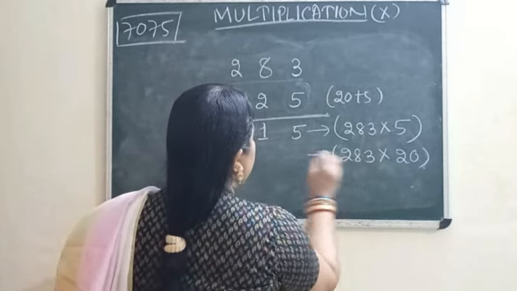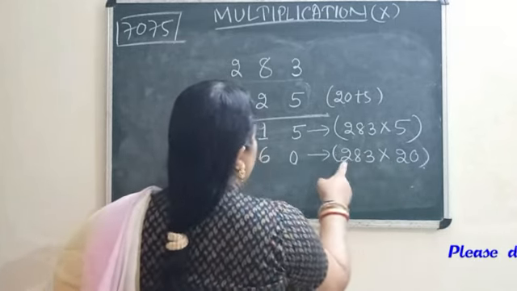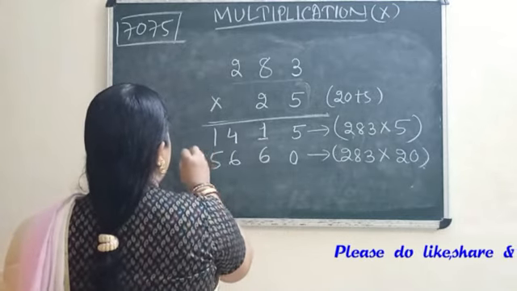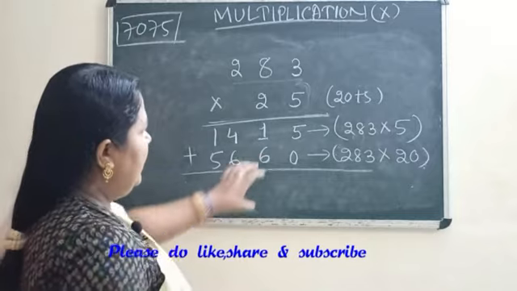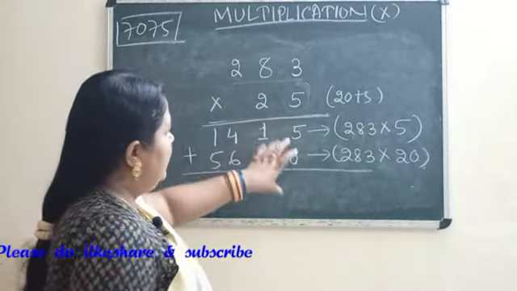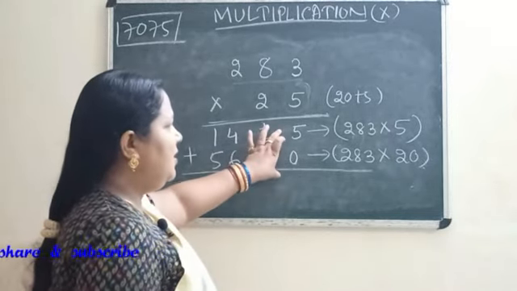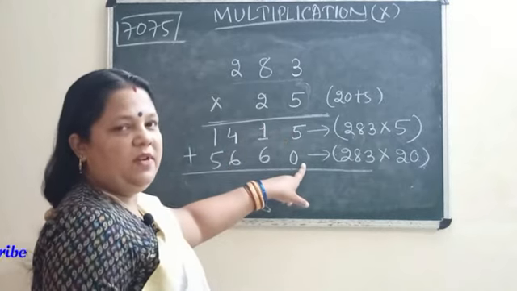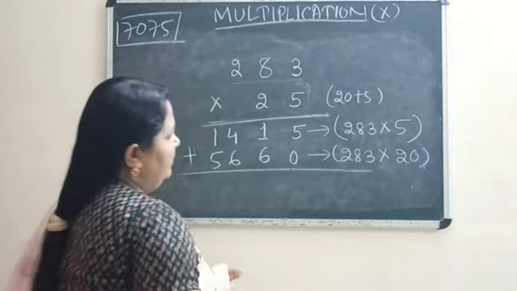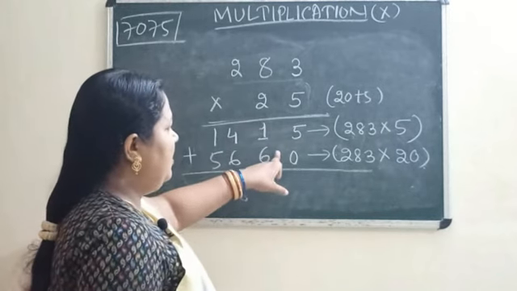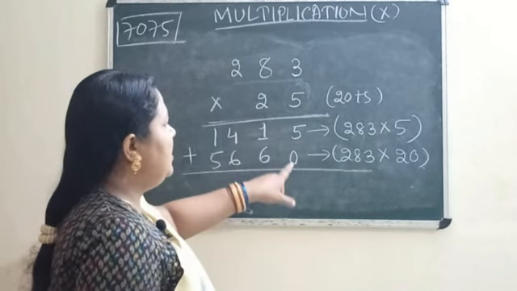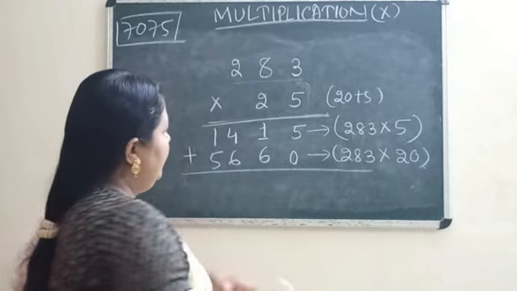First, for 20, 0 will be here. Simply you multiply by 2 and add this 0. 2 3s are 6, 2 8s are 16, 1 carry, 2 2s are 4, plus 1 is 5. Then add both the values. Clear? In this step, see carefully, in this process we are not leaving ones place. Okay.